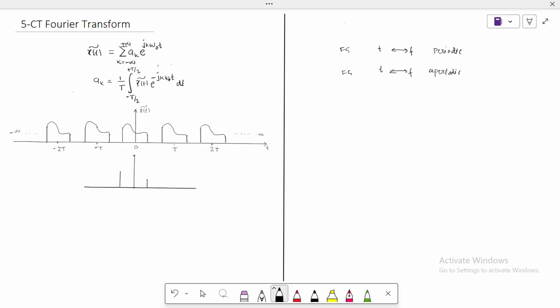So this is an aperiodic signal. In this aperiodic signal, it has only one pulse. So now this is x of t.